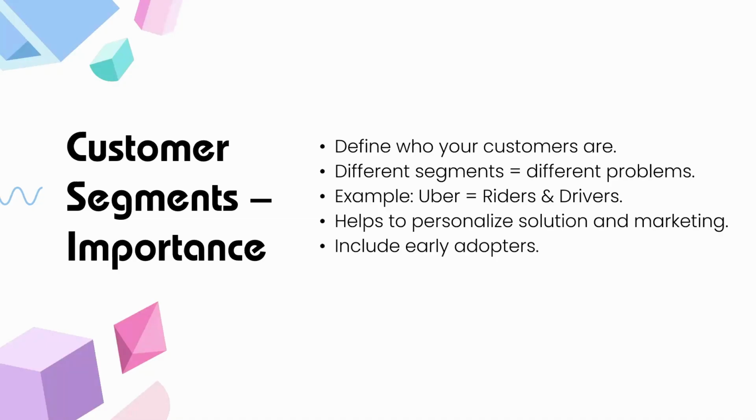Zomato also charges the restaurants and the people who buy food through Zomato, correct? So you have to understand there are two customer segments. When you have different customer segments having the same problem, you have to create different lean canvases. A lean canvas will be only for one specific customer segment. Are you understanding this?